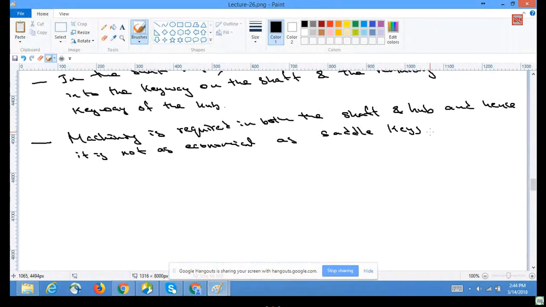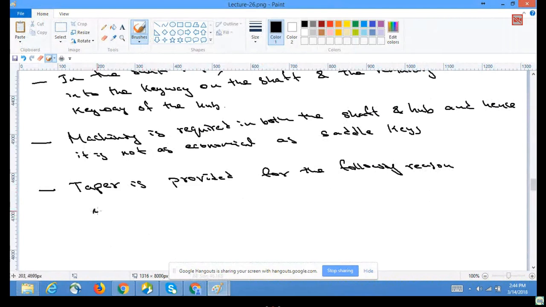Further, tapering is provided for the following reasons.